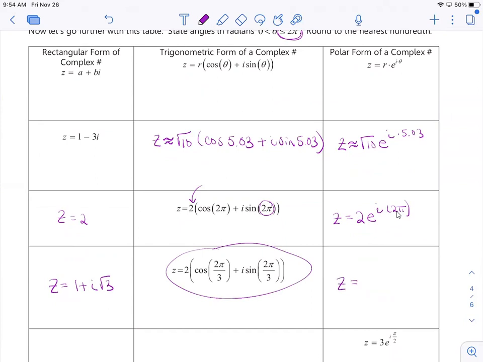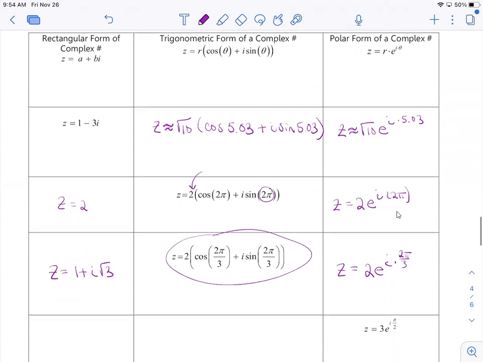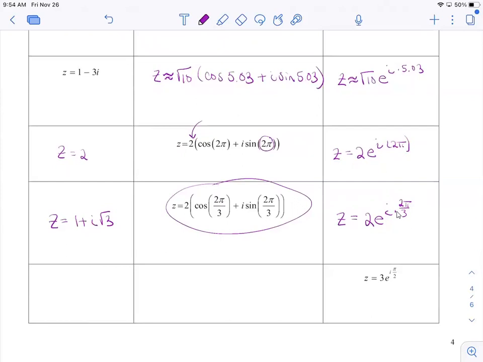So z equals, my r is 2, e raised to the i times 2 pi over 3. And so this is really helpful to go from Euler's formula to trig, then to rectangular.